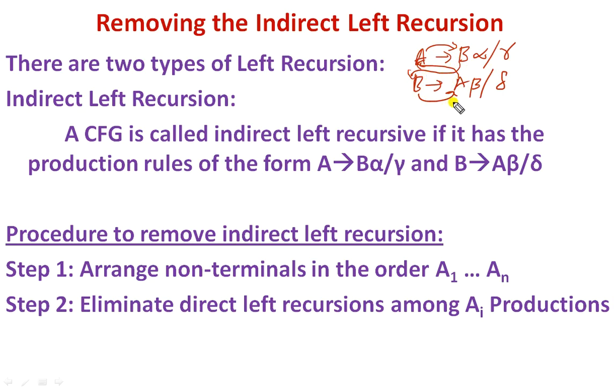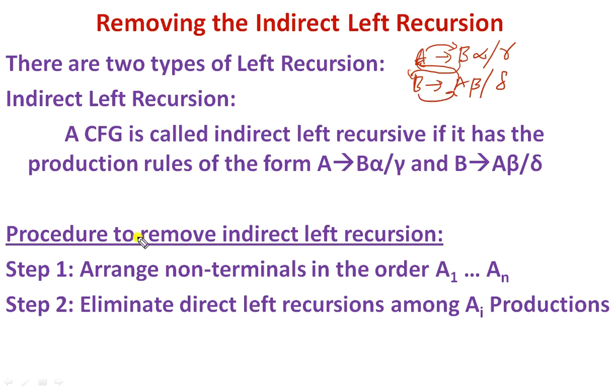So we cannot generate any strings that are accepted by this particular context free grammar because of the infinite looping. To avoid this situation, we need to remove the indirect left recursion.